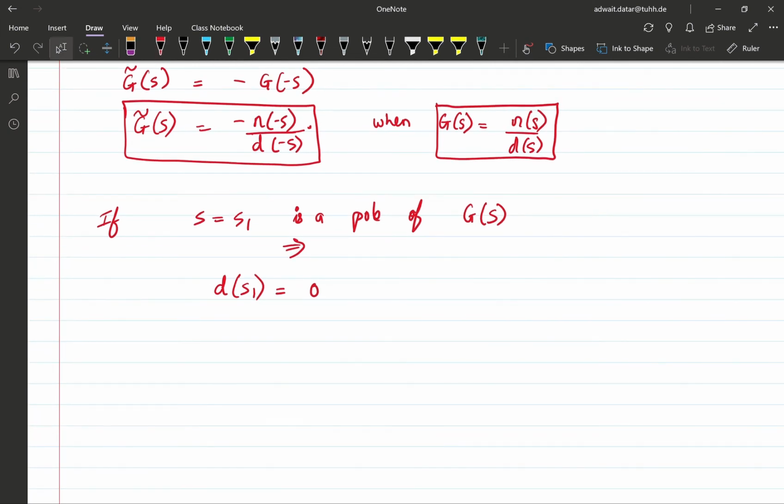Now let's see what kind of poles we can obtain for G tilde of S.